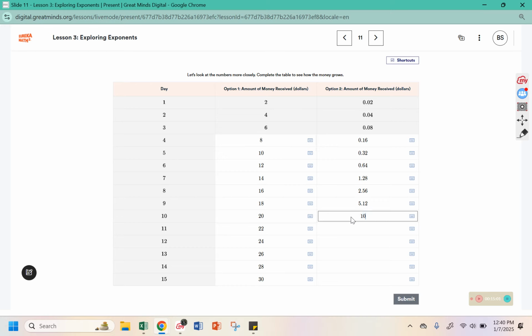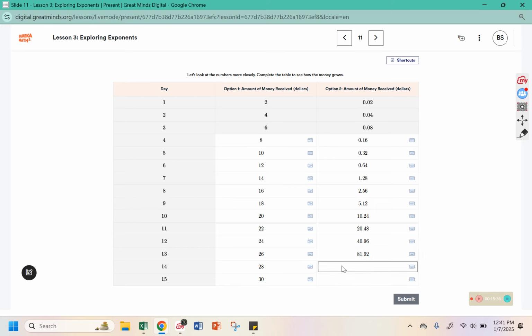$5 doubled would be $10. 12 cents doubled would be 24 cents. If I double $10, that's $20. And if I double 24 cents, that's 48 cents. 20 times 2 is 40, and 48 cents times 2 is 96 cents. $40.96 doubled would be $81.92.